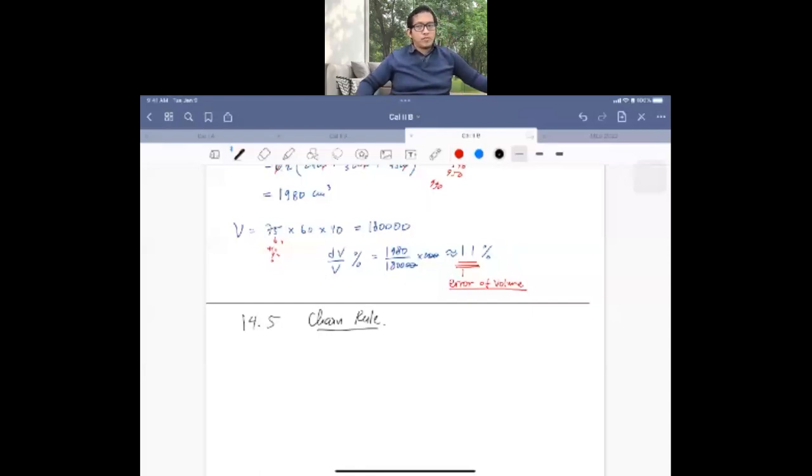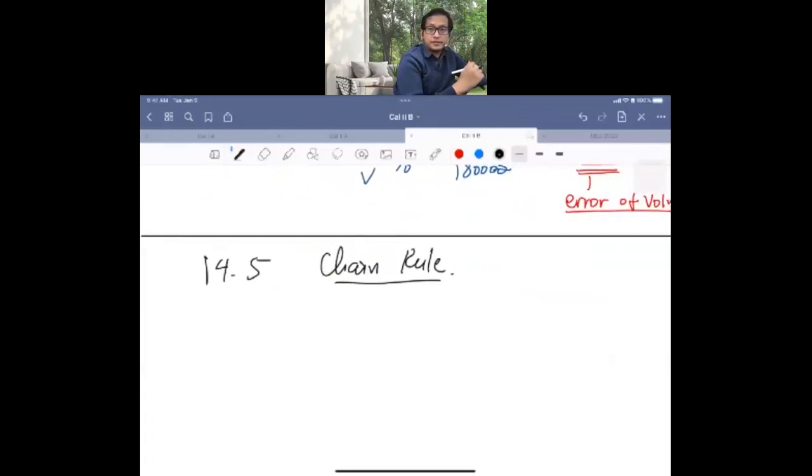Okay. Now the chain rule, to begin the chain rule in the partials, I will start with what we have learned before. That is in the parametric equations, right?